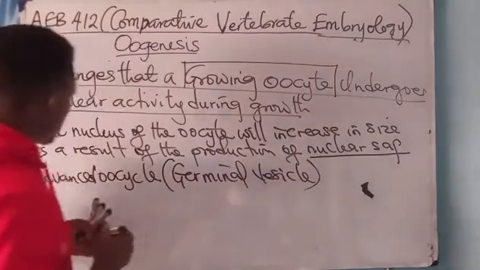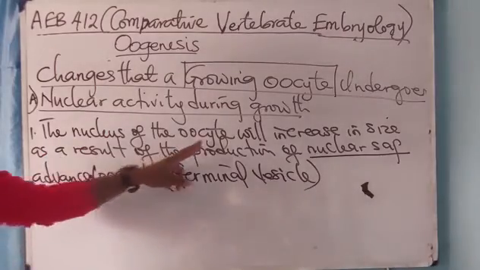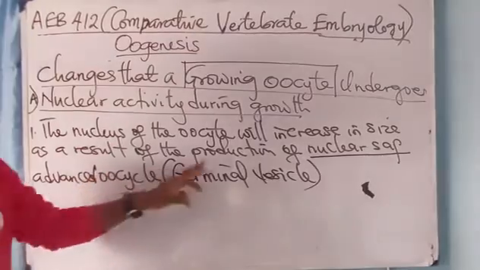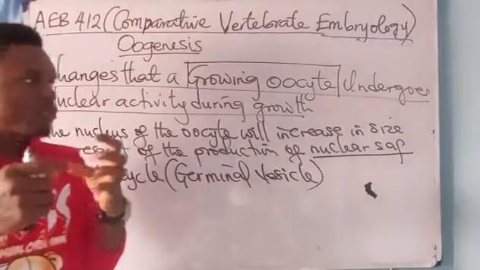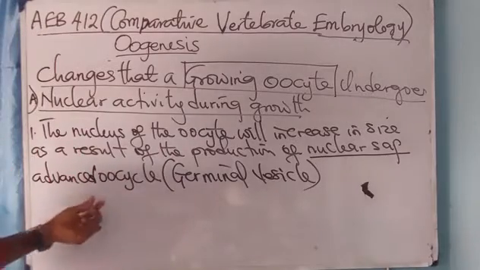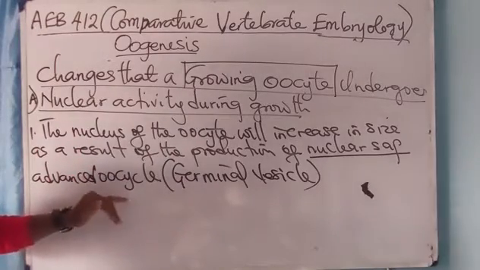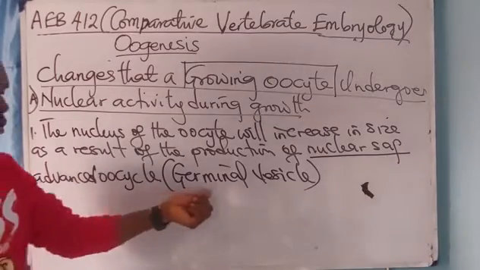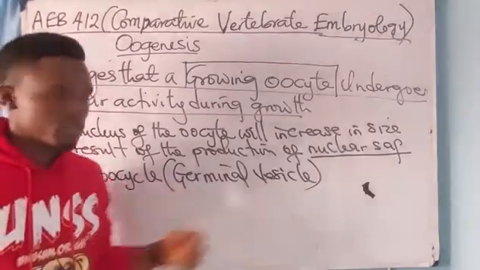Germinal vesicle. All right, I said the nucleus of the oocyte will increase in size as a result of what? The production of fluid. It has been filled with fluid, so it increases in what? Size. While the nucleus of higher oocytes will be filled with the same fluid, and therefore you call it what? You call it germinal vesicle.